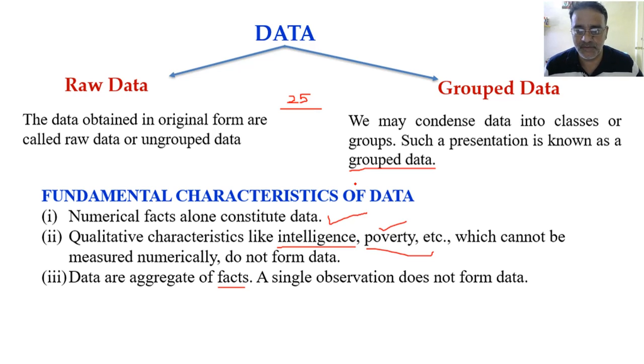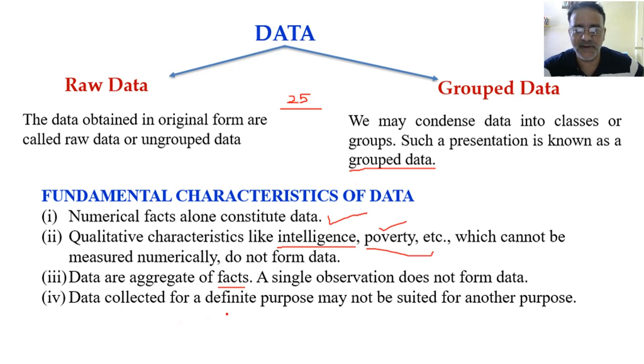So we require data of all the students, or a group of 10 students' marks. Next, data are collected for a definite purpose. It is not that we take just any data. 25, what is 25? We don't know. That is why whatever data we are collecting is for a definite purpose, and may not be suited for another purpose. For example, I collected the marks for maths. Can that data be used for the heights of students?